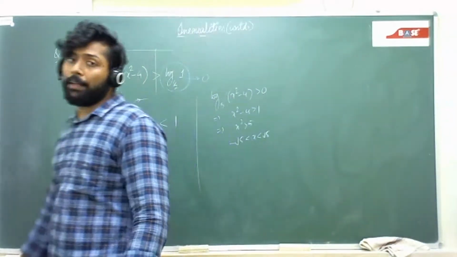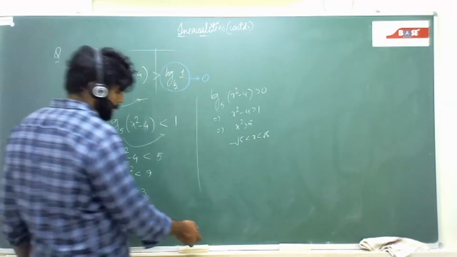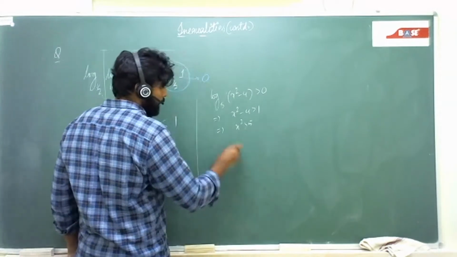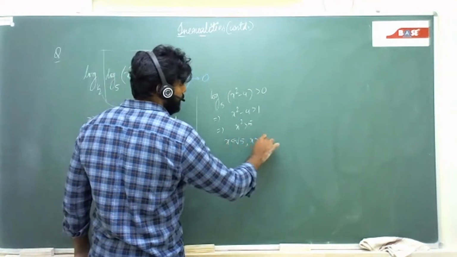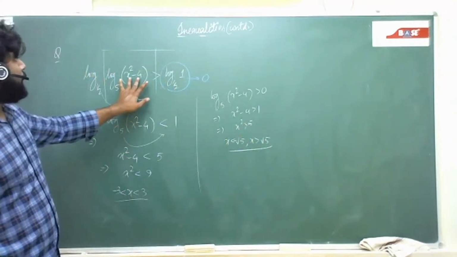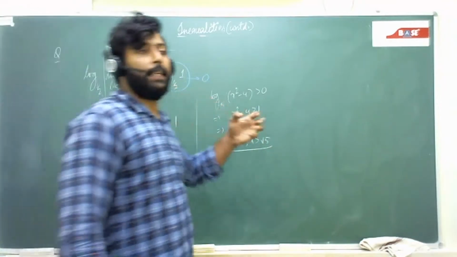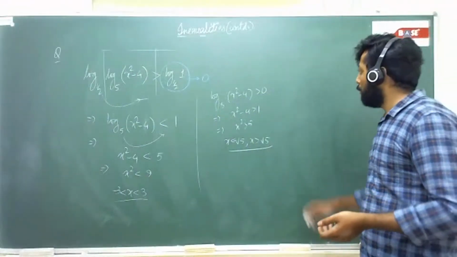That thing I wrote wrong, I think. It is x less than minus root 5, and x is more than root 5. Along with it, we have x square minus 4 positive so that the log is valid. So that means x is more than 2 or less than minus 2.